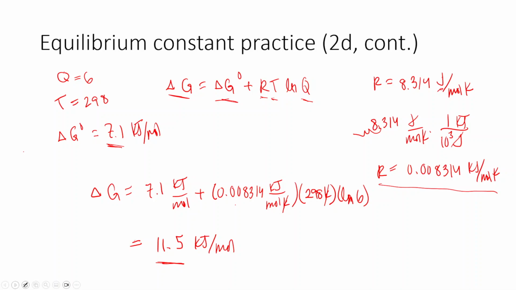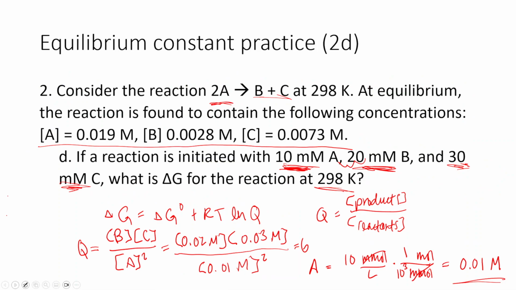I'm a little confused about how, at standard conditions, having the same concentrations, aren't the concentrations that you start off with also different for A, B, and C? So yeah, I should have explained that. This is at equilibrium.